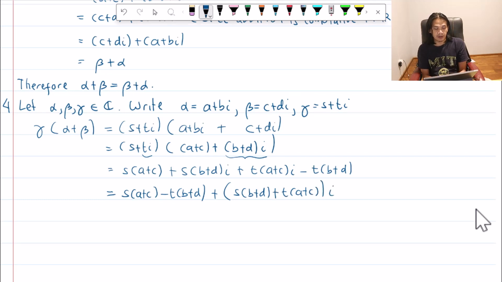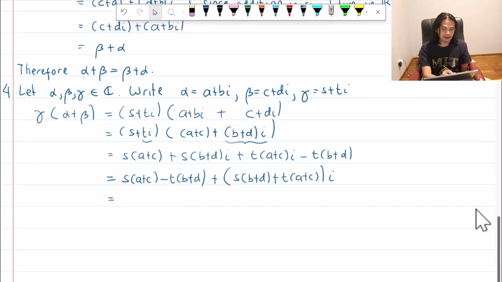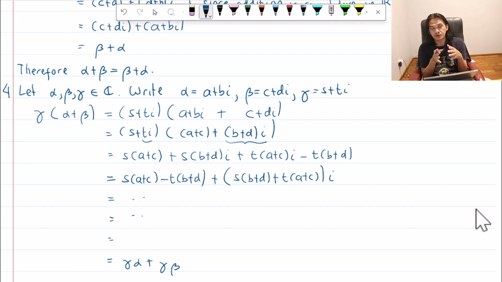Okay, so one way to show this is to do some manipulation step by step until we get this expression, right? So in order to do so, we need to direct our manipulation so that in the end we get this kind of expression.